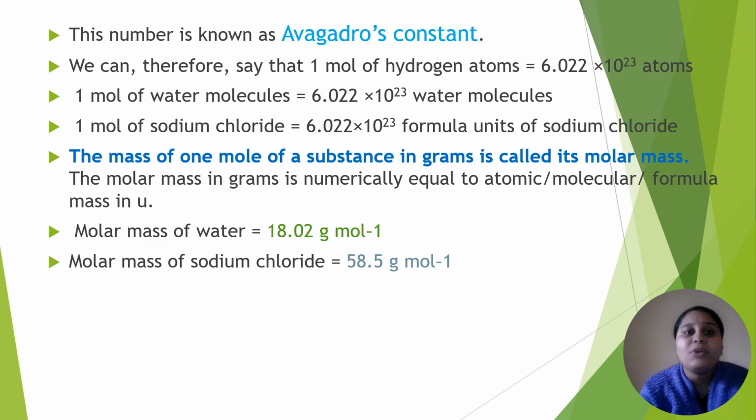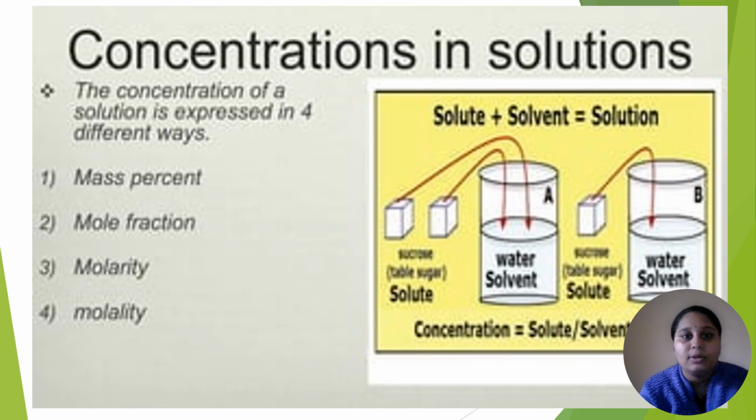The mass of 1 mole of a substance in gram is called its molar mass. So the molar mass of water, we have to write the mass in terms of grams, is 18.02 gram per mole. Molar mass of sodium chloride is 58.5 gram per mole.